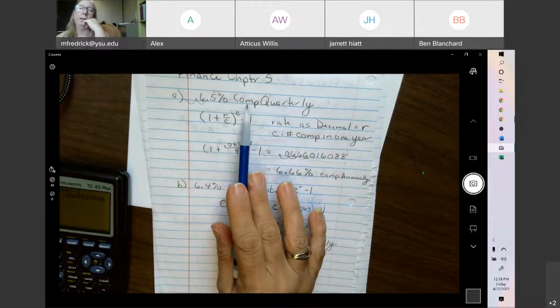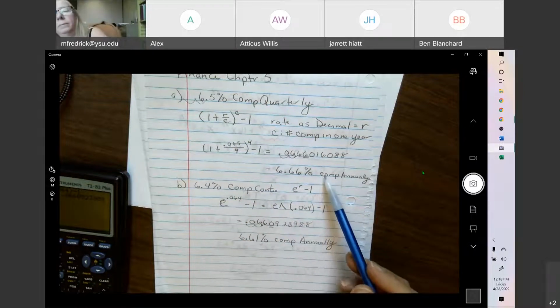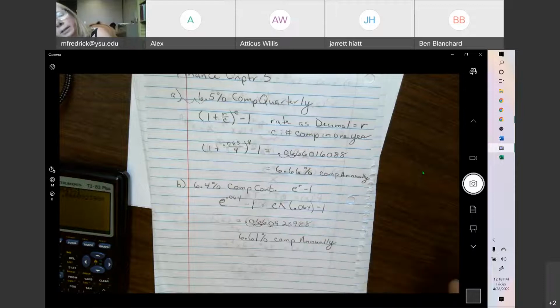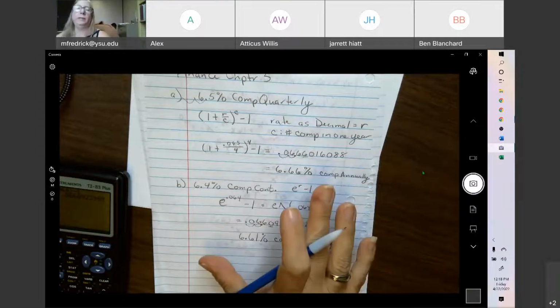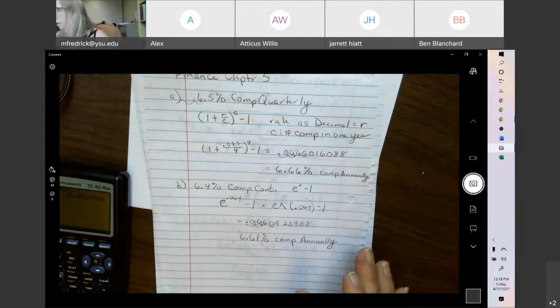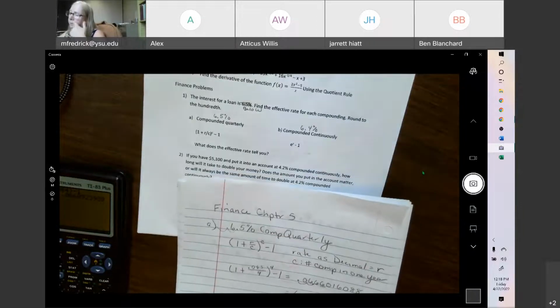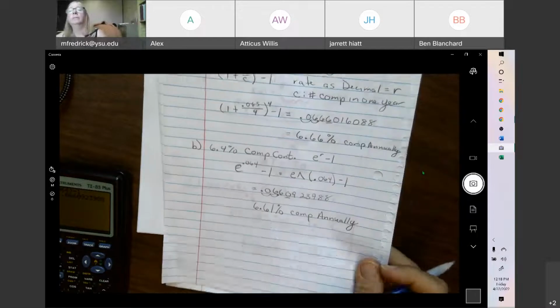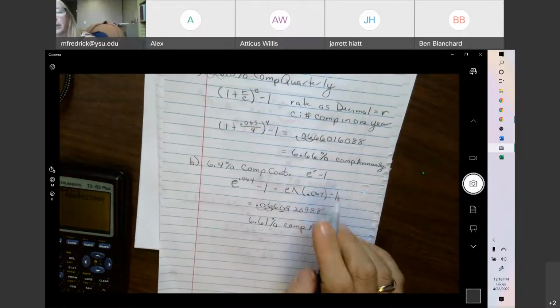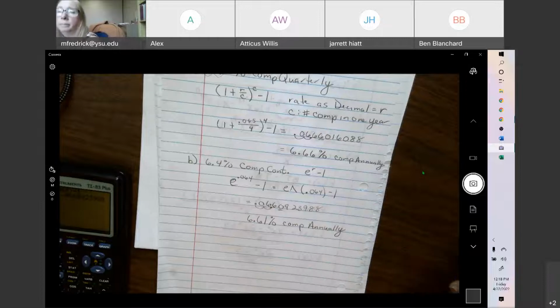If you have different compoundings, you can't compare them. Making them annually, you can. Any questions on that? So you need to be able to find the effective rates and explain why I'm finding the effective rate or what it tells you. So it tells you the compounding annually, that way you can better compare them. Any questions on that?